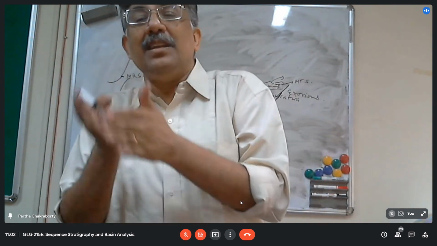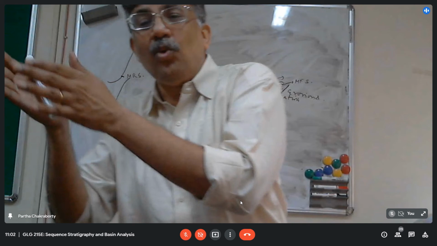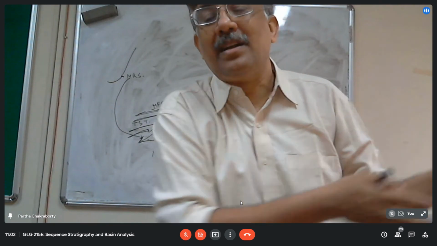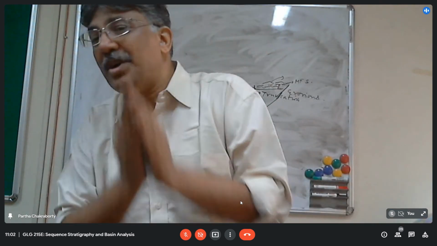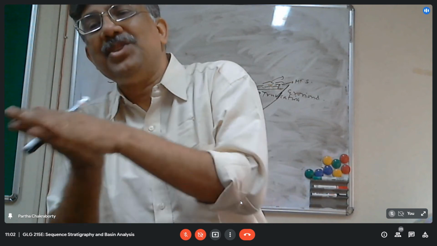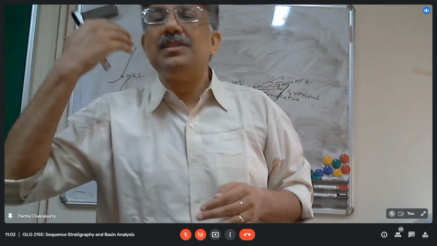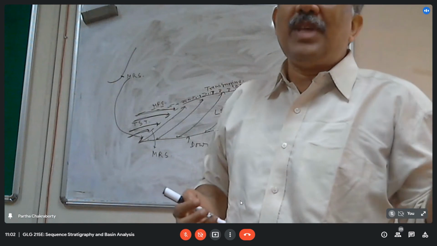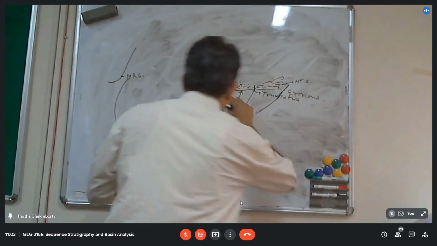Because the finer sediment the wave has taken away into the deeper part. The coarsest sediment it could not carry, so it has left behind. That coarsest material makes a thin veneer on the surface of the LST, and it represents the transgressive lag.